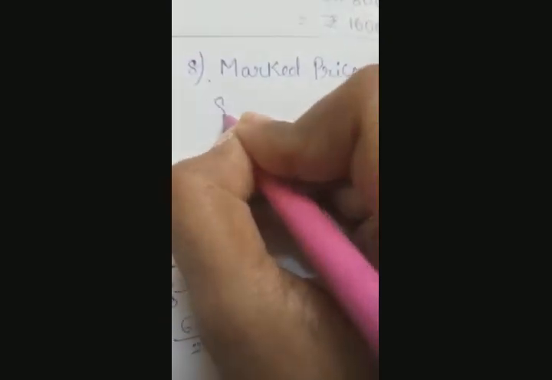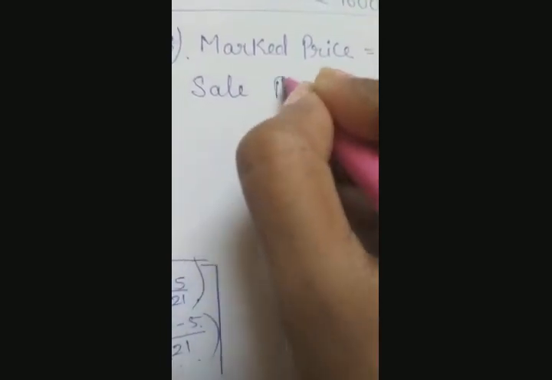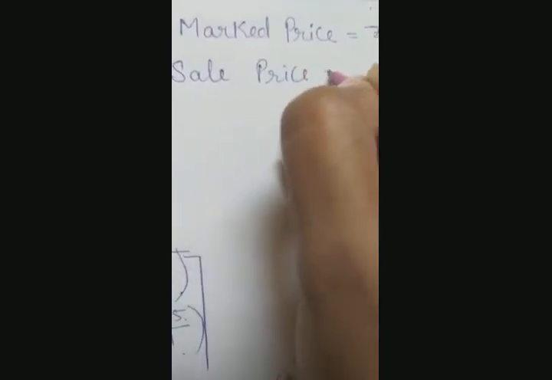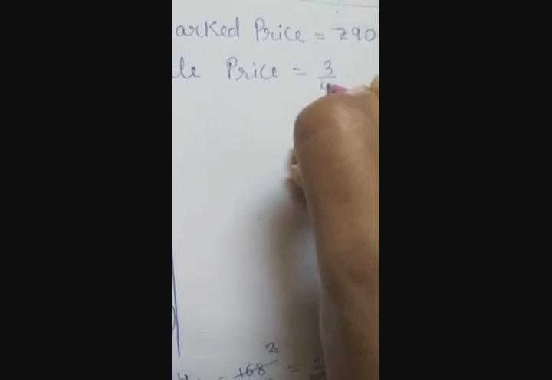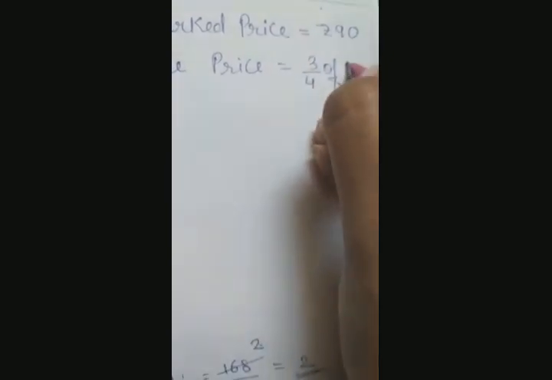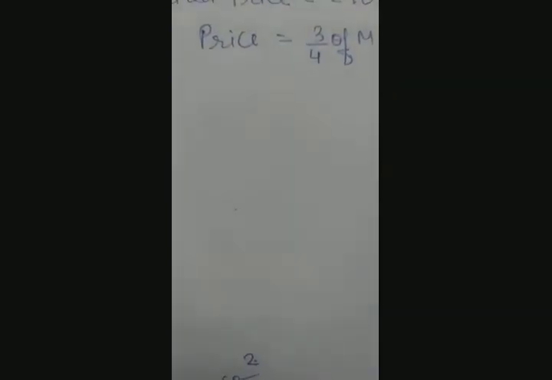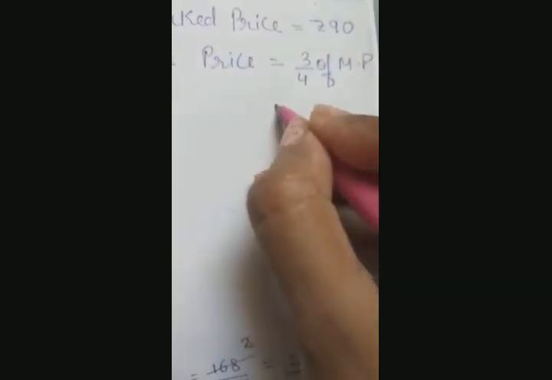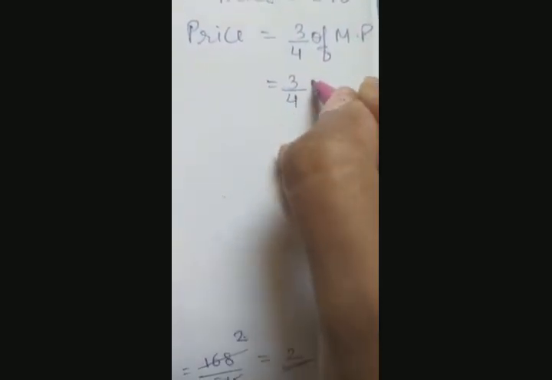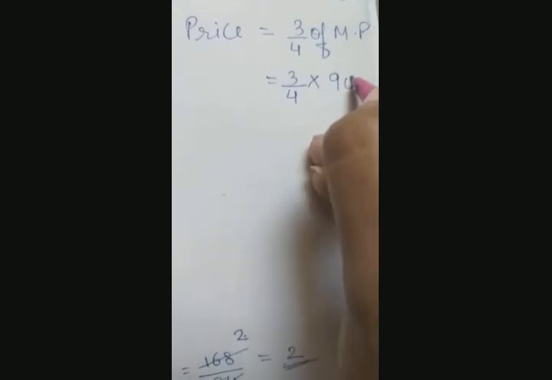Now what is the sale price? So selling price we have to find, 3/4 of marked price. Marked price, that is 90. 3/4 of means multiplication of 90.